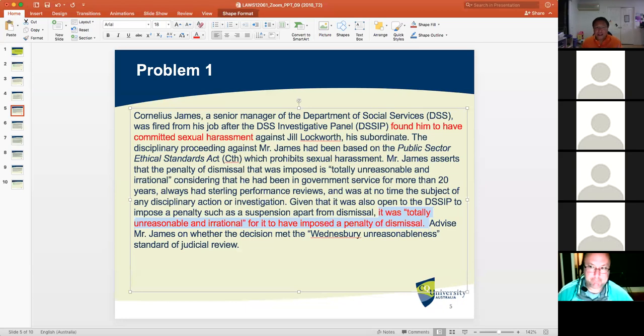So in this particular case, if it is open for the decision makers to consider imposing the penalty of dismissal because the infraction is sexual harassment, it cannot meet the standard of Wednesbury unreasonableness. And just because somebody has had a sterling performance in the past, or has never committed an infraction before, is no excuse to say that you can commit sexual harassment.